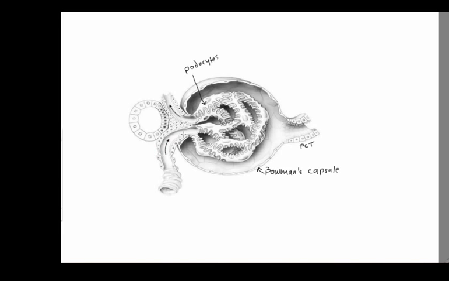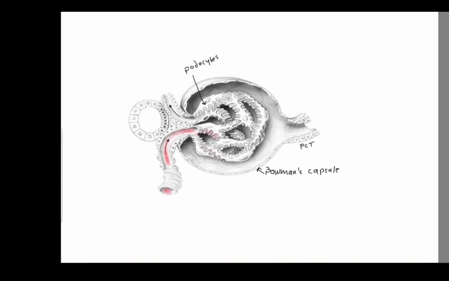So entering these glomerular capillaries is blood, which comes from this afferent arteriole, which we'll label in a minute. So in here are the blood capillaries surrounded by these podocyte cells.